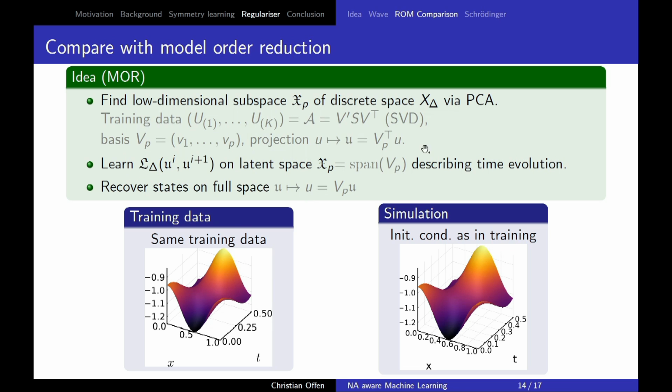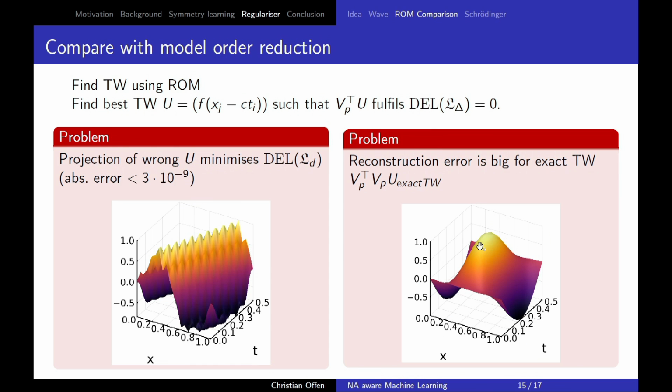And this, of course, works nicely. If I've got training data, I can do this, learn the discrete Lagrangian on the latent space, and then if I do simulations, I can recover anything with initial conditions close to the training data. But of course, it doesn't work at all to find traveling waves there, because the latent space that I learned doesn't know that I want to look for traveling waves afterwards.